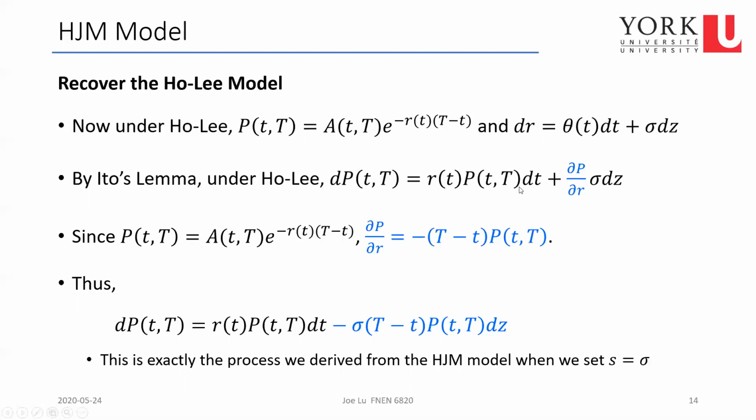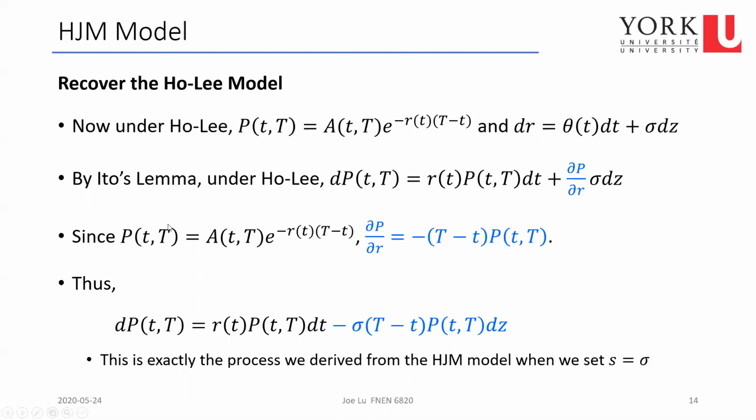r times P, the same drift. But the volatility must be dP/dr times sigma. This is basically based on this functional form and this process, where you apply Ito's lemma. Now, what is dP/dr? Well, dP/dr under this form is basically minus (big T minus small t) times P. So then what do you have?